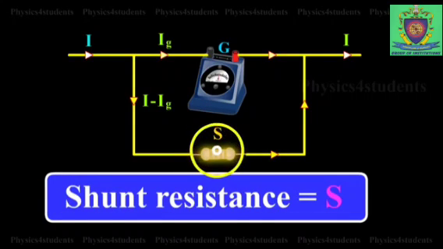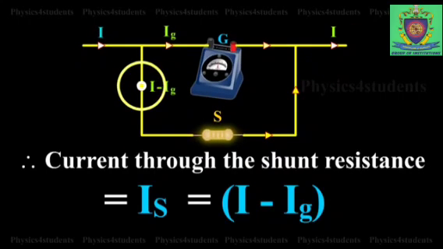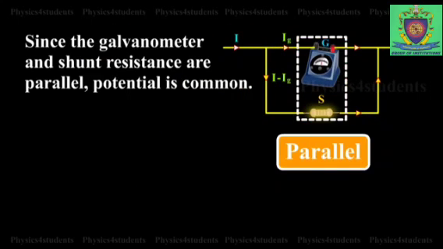Next, shunt resistance is symbolized by S. So the leaving current will again be I, because it is connected in parallel. Now, the current passing through the shunt resistance, Is, is equal to I minus Ig, that is 2 ampere minus 0.1 gives the remaining current, that is 1.9. This is the current passing through the shunt resistance. Since the galvanometer and the shunt resistance are connected in parallel, their potential is common.